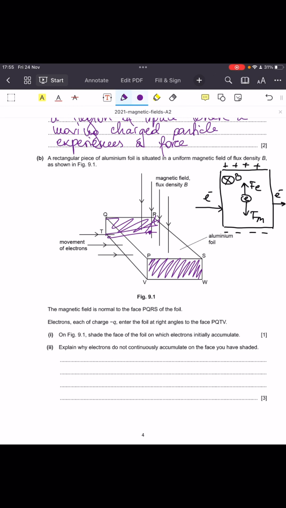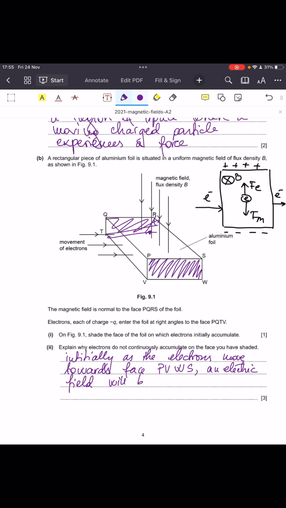So let's write down. Initially, as the electrons move towards face PVWS, an electric field will be set up between the opposite faces.